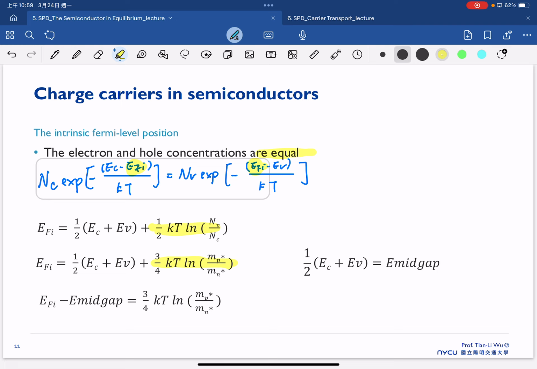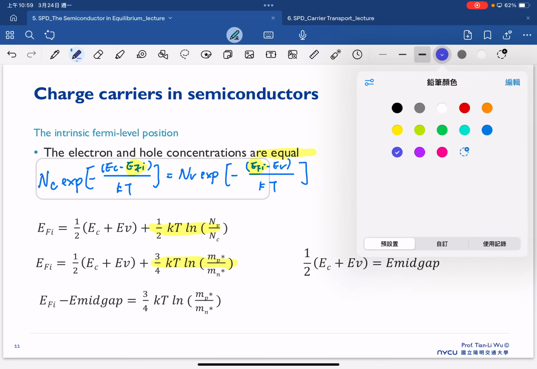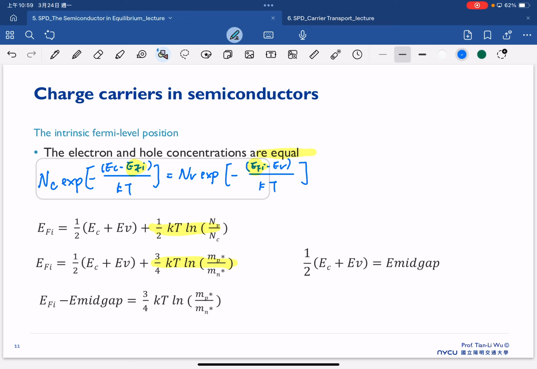So for the difference between the EFI and the mid gap, we can also define the mid gap here. The mid gap is exactly in the middle.